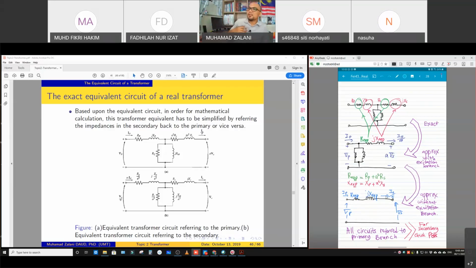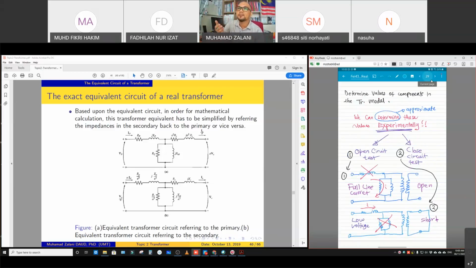So depending on the question, you might be asked to redraw or calculate all of the components in the equivalent circuit. Some questions might ask that you have to consider the parallel branch. Some of them will not consider the parallel branch. It depends on the question. So you have to choose which equivalent circuit you are going to use for the calculation.